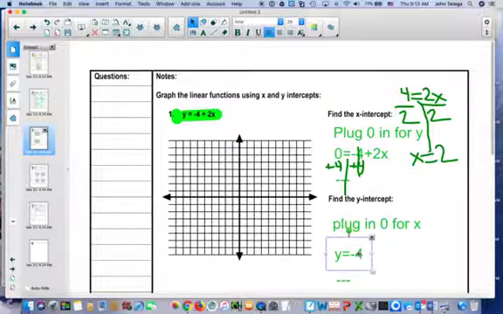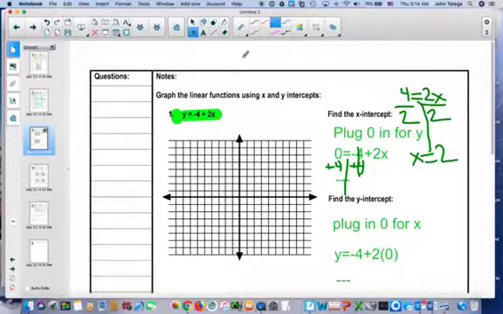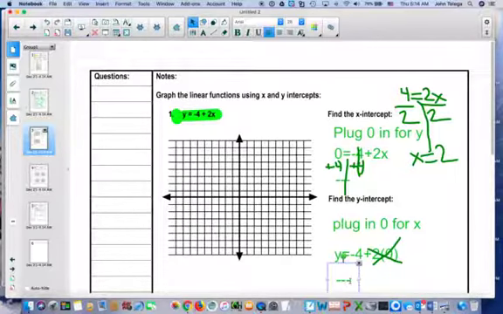So then this goes away, right? This part here, 2 times 0 goes away. So look, if that's not there anymore, all that's left is y equals -4. And that's the intercept right there, staring us in the face.